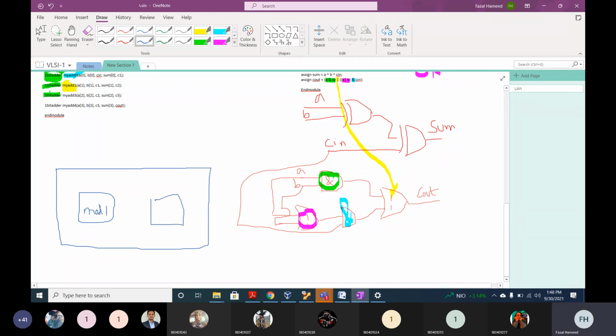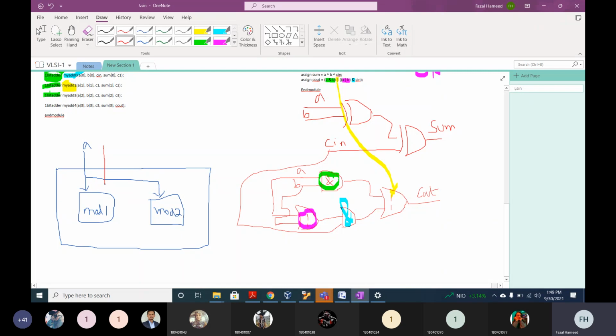Now this is module 2. Okay, so now this is the input A. This input A is again going to this module 2.